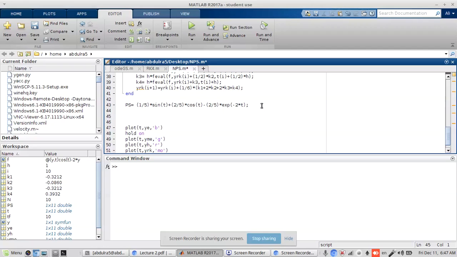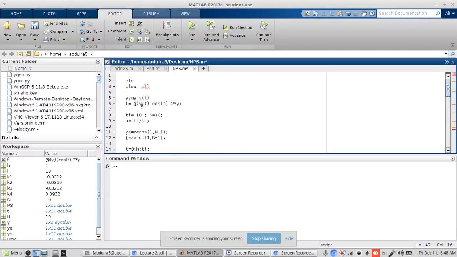So let's do this. In the initial condition, y not equals 0. The vector t and time, let's name it here t1 and y1. And the command for ODE for non-stiff equation is ode45.